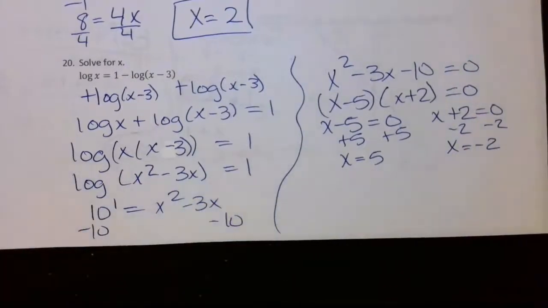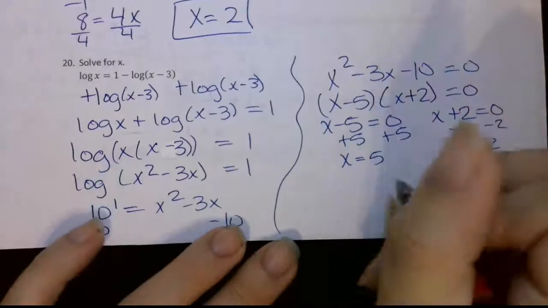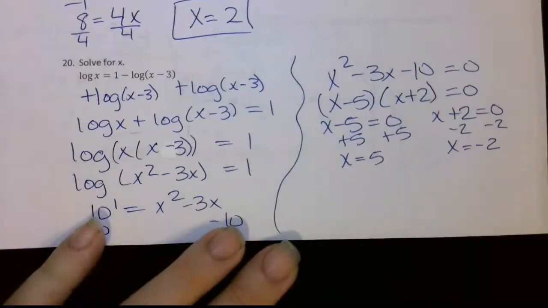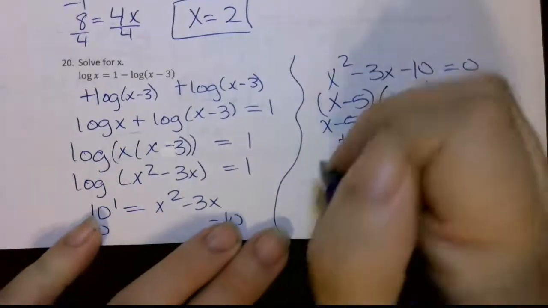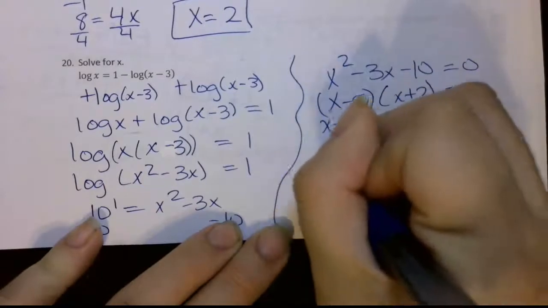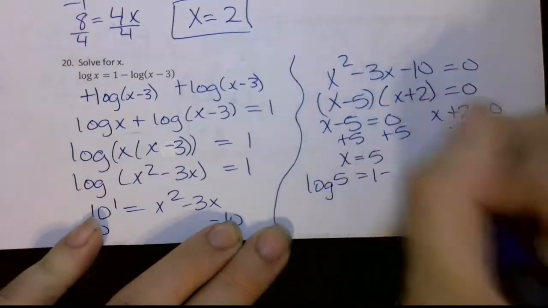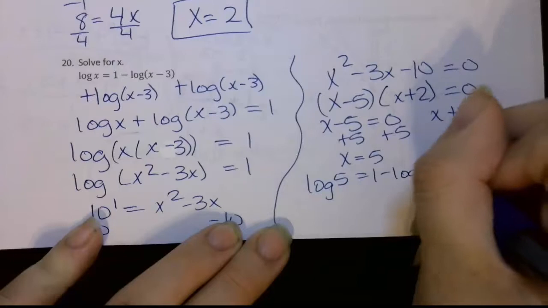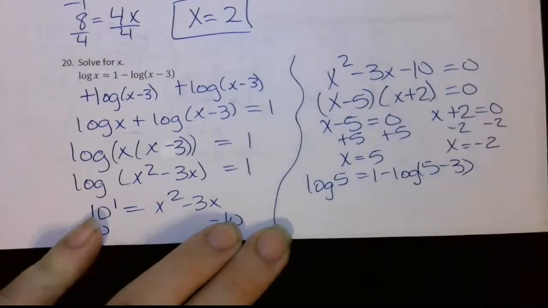Because I'm working with logarithms, I want to be sure that these all work. So I want to go back and plug them in. When I plug in these, I have log 5 equals 1 minus log 5 minus 3.